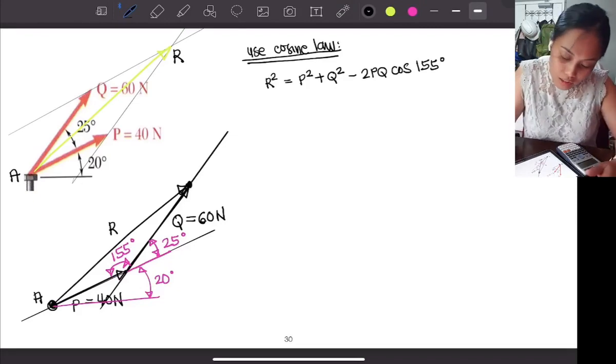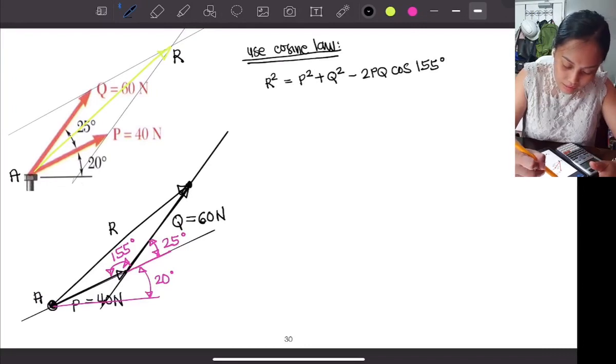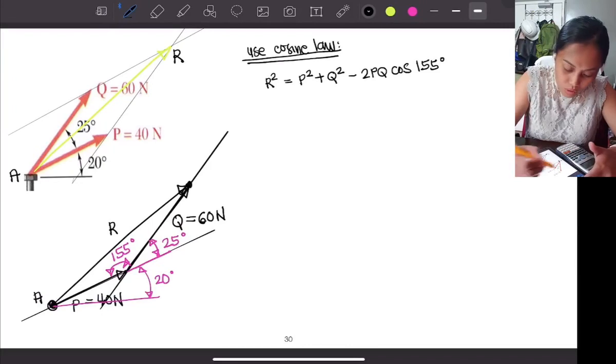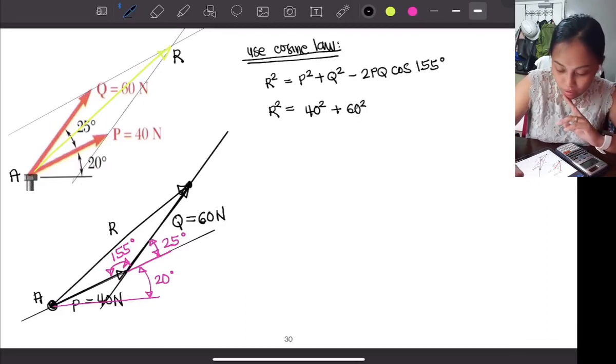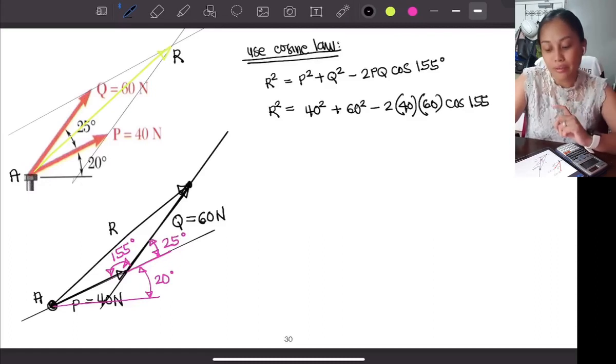So that's the formula. Next, we substitute the values of P and Q into this equation. So we have R squared is equal to 40 squared plus 60 squared minus 2 times 40 times 60 cosine 155.